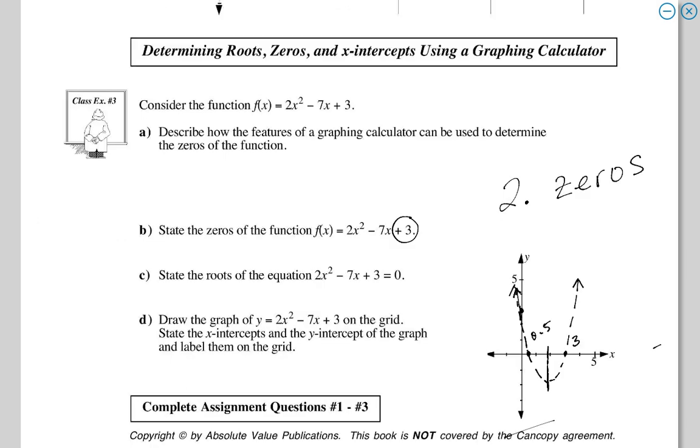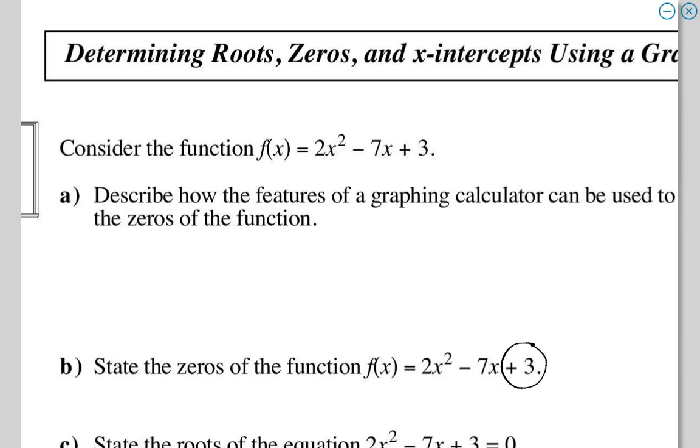So this one here, let's factor it. All right, let's factor this. So we need 2 numbers that multiply to 6, and we need 2 numbers that add to negative 7. When they differ by 1, it's always when you have to times by 1.